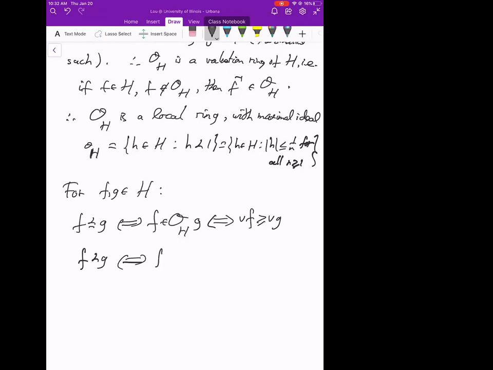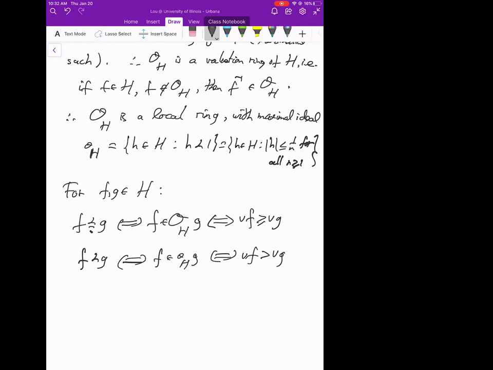But of course, sometimes it's a bit confusing that there is a kind of reversal. Here you have f dominated by g, written in a way that suggests less than or equal to, and here you have greater than or equal to. That's how traditional notation in valuation theory works.